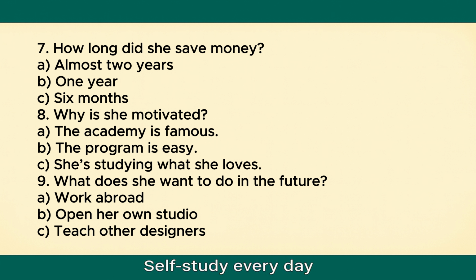Why is she motivated? A. The academy is famous. B. The program is easy. C. She's studying what she loves. 9. What does she want to do in the future? A. Work abroad. B. Open her own studio. C. Teach other designers.